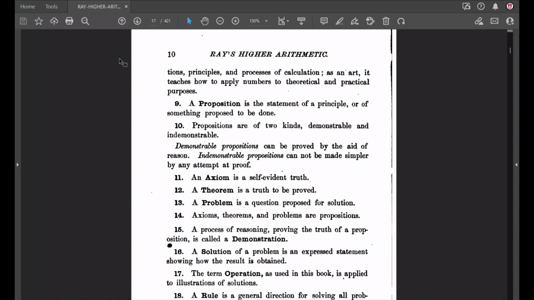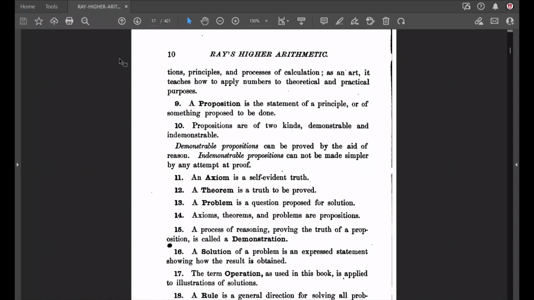A proposition. It's a sentence, but it's a sentence of a specific kind. And we're going to see that division of propositions into two kinds is important. Notice how here, when we talked about the art of arithmetic, we talked about theory and practice, right?